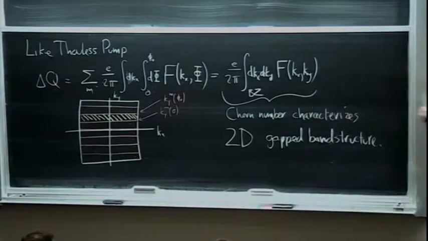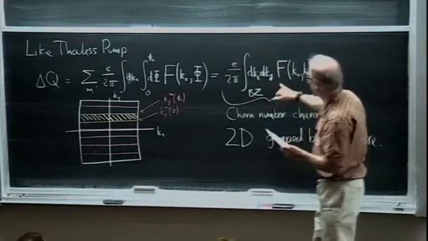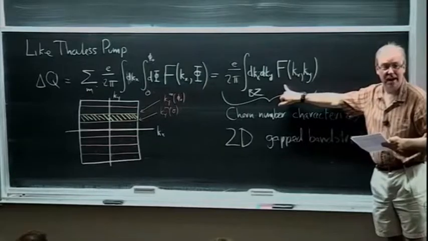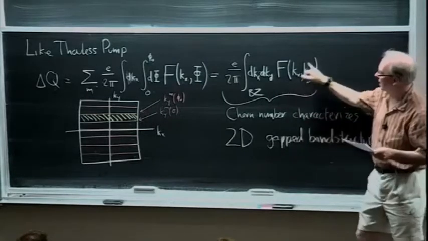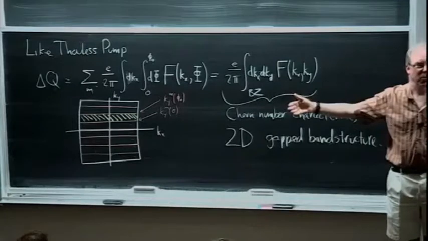If you follow the logic that we went through, what we've just shown is that sigma xy of this is equal to this. And I'm talking about a two-dimensional system the whole time.